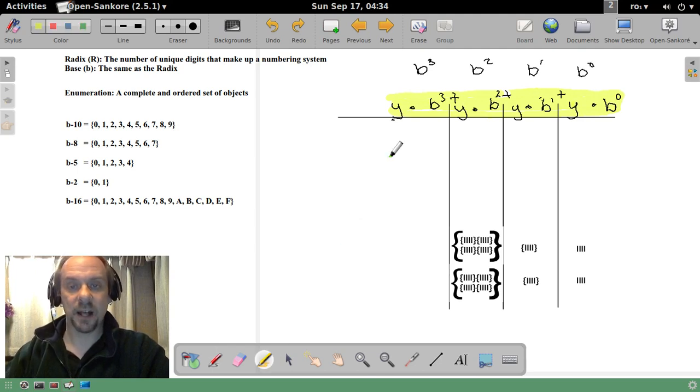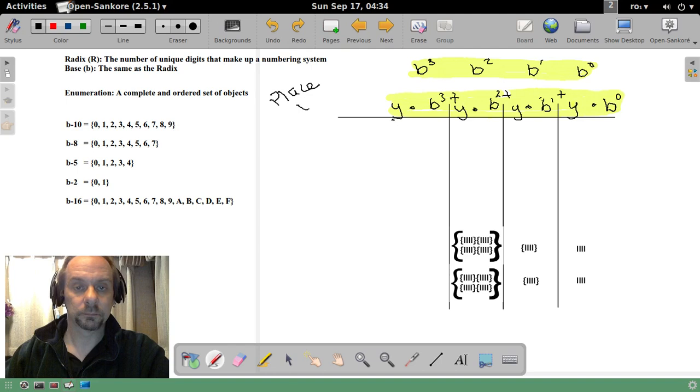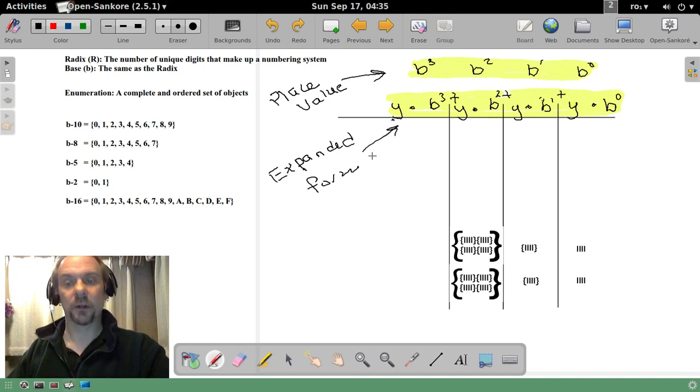These are place value, our positional value, and our expanded form. I want to make sure that we understand place value and expanded form.